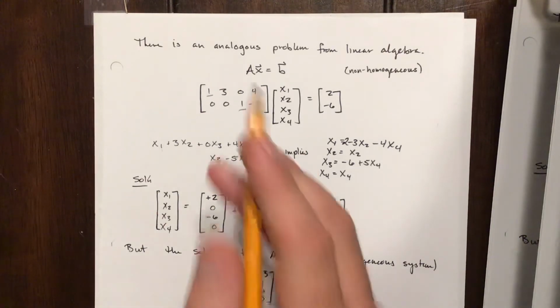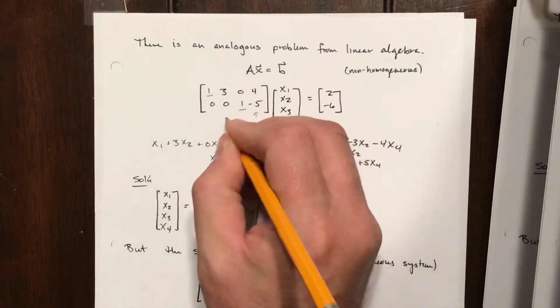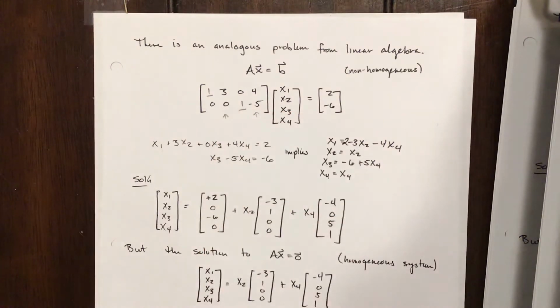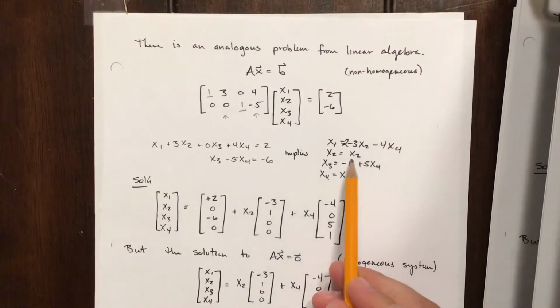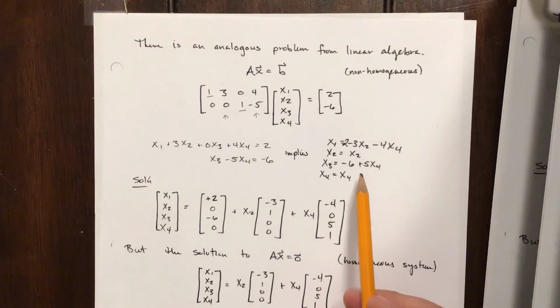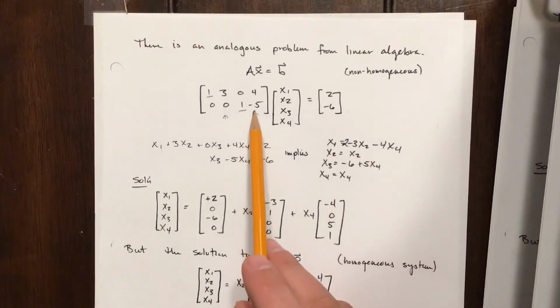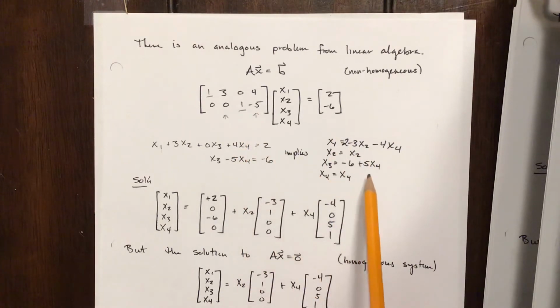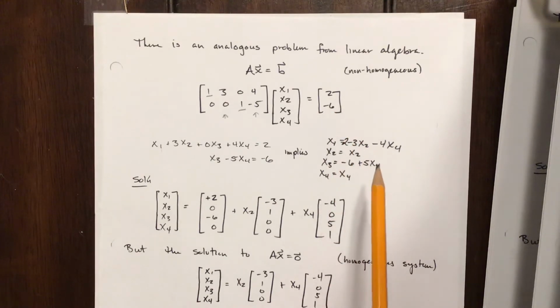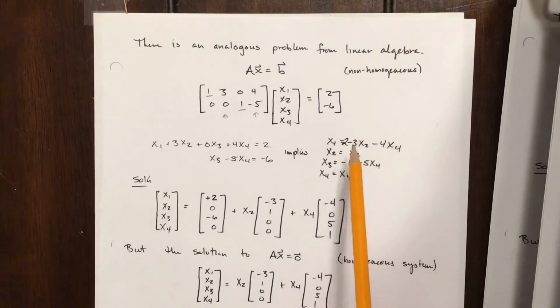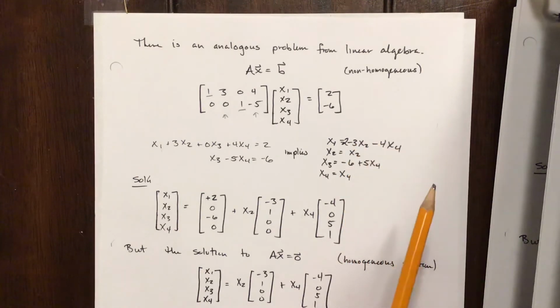So we have two free variables, that's x4 and x2. So we say x2 is equal to itself, x4 is equal to itself, x3 is equal to 5 times x4 plus negative 6, and x1 is going to be equal to 2 minus 3x2 minus 4x4.